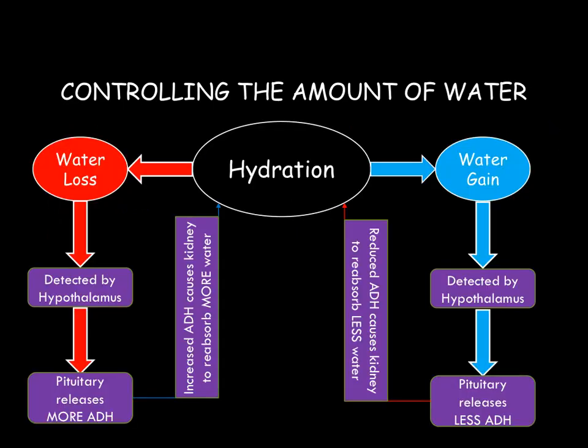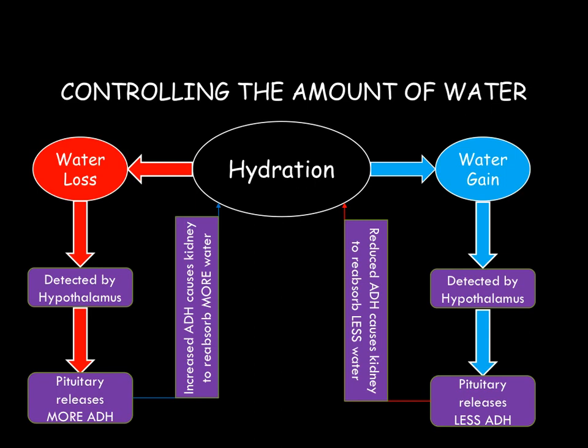In our body, we want to ensure that we keep a steady level of hydration. This means that we keep a constant level of water. However, over the course of the day, we both gain and lose water. For example, we may gain water in our system following drinking water. This water gain is detected by the hypothalamus, which instructs the pituitary gland to release less ADH.